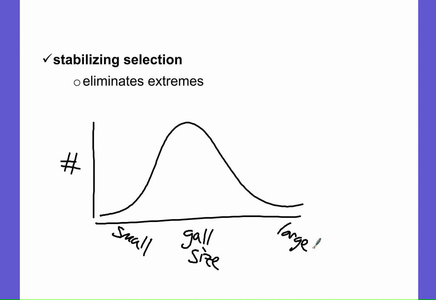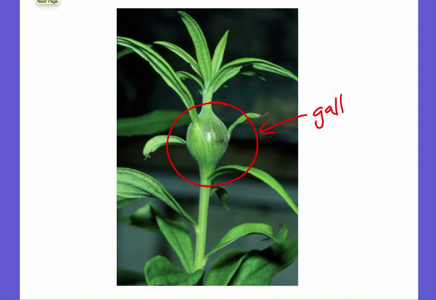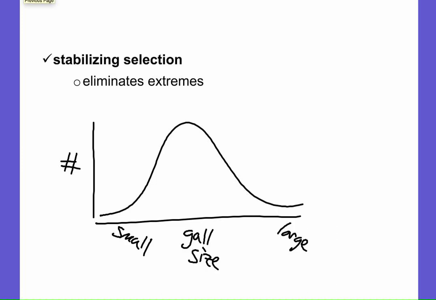Right? Again, those flies want their offspring to survive, and that gall size is the main issue with this example. If that gall is really, really big and very noticeable, oftentimes woodpeckers will find those and eat all of the offspring inside of that gall.